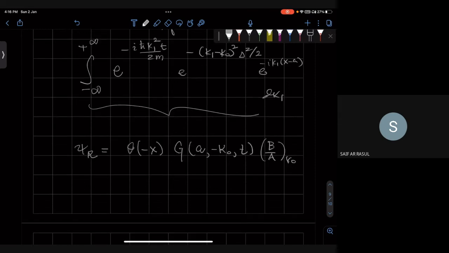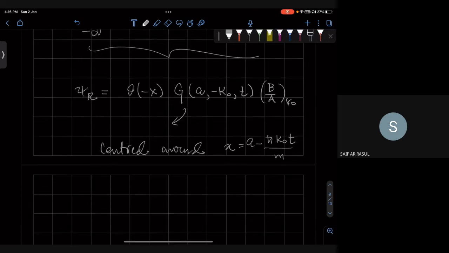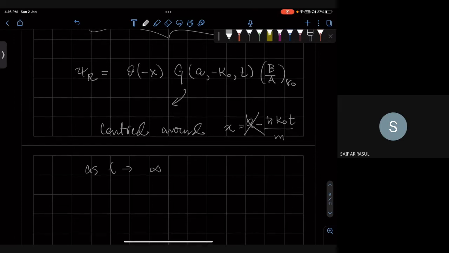It is a Gaussian centered around x equals a minus h bar K0 t over m. When t becomes large, we can just ignore the a, so the center of the Gaussian becomes approximately minus h bar K0 t over m. So this is the reflected Gaussian.